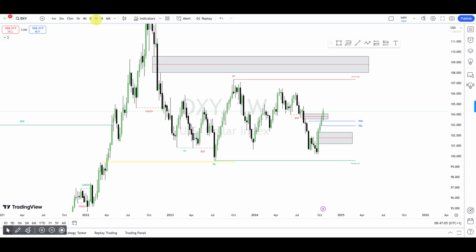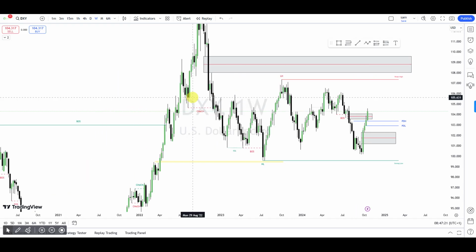Mind you, that's the monthly time frame. On the weekly time frame, it takes a week for a candle to paint. So it's not like it's going to happen anytime soon. We are there waiting for it to happen.